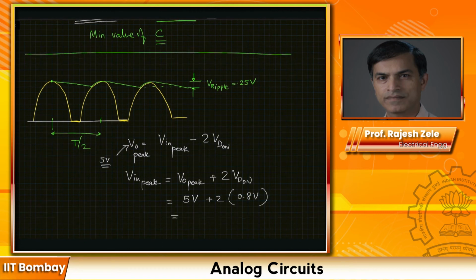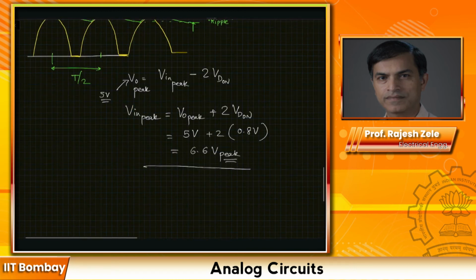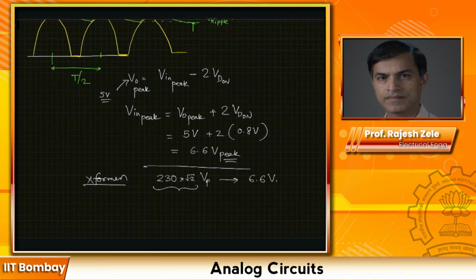So this is going to look like 6.6 volts peak. What this is telling you is the transformer is going to step down from 230 volts RMS multiplied by root 2 volts peak to about 6.6 volts peak. That would be the transformer turns ratio. And all this stuff is happening at 50 Hertz.